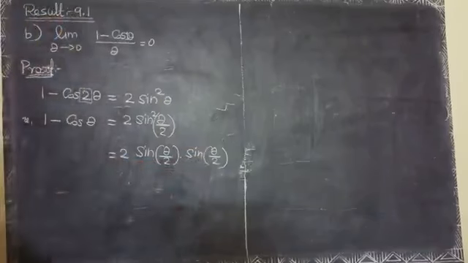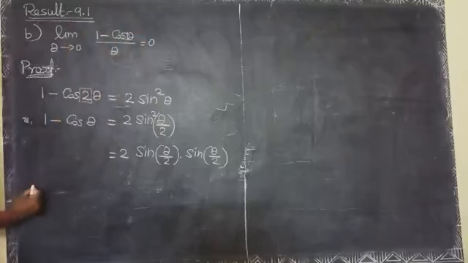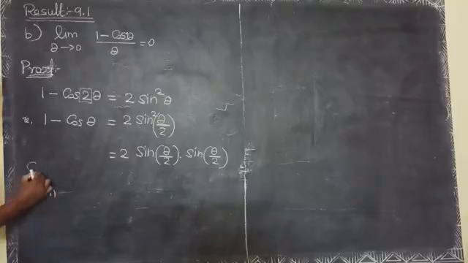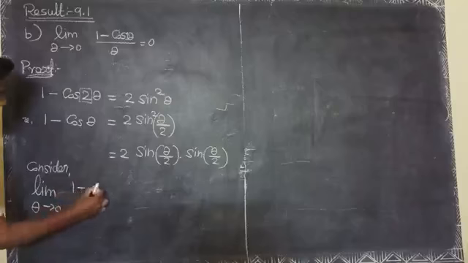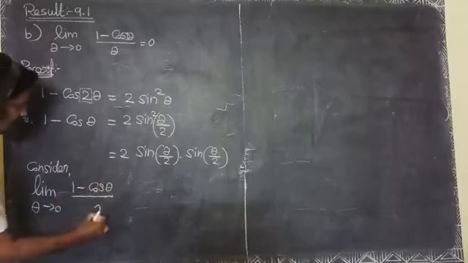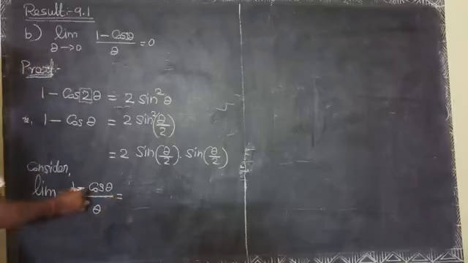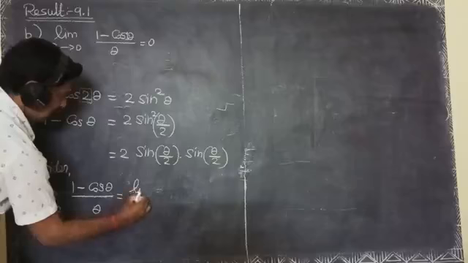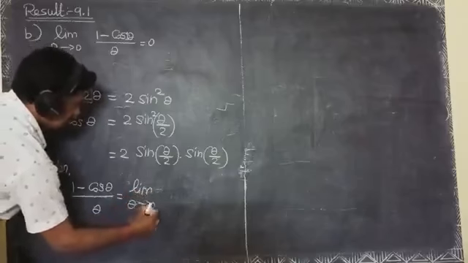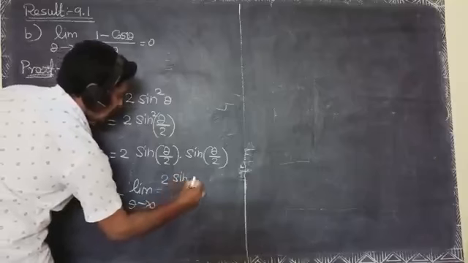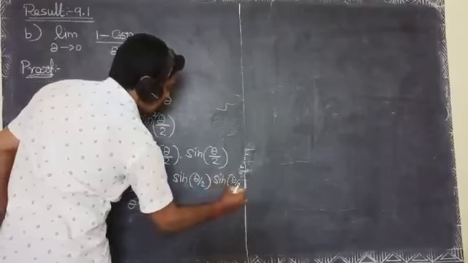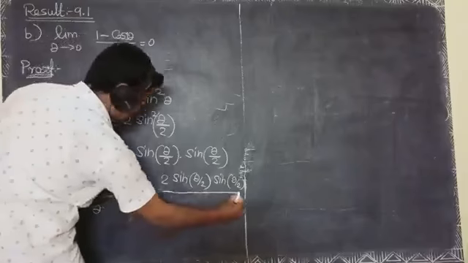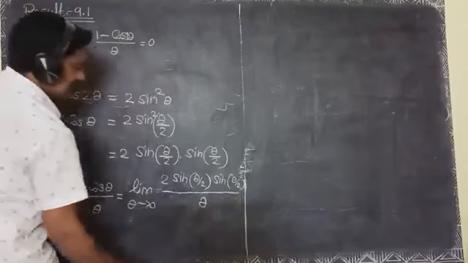Now consider the given function, the limit as theta approaches 0 of 1 minus cos theta divided by theta. This can be written as the limit as theta approaches 0 of 2 into sin theta divided by 2 into sin theta divided by 2, all divided by theta.